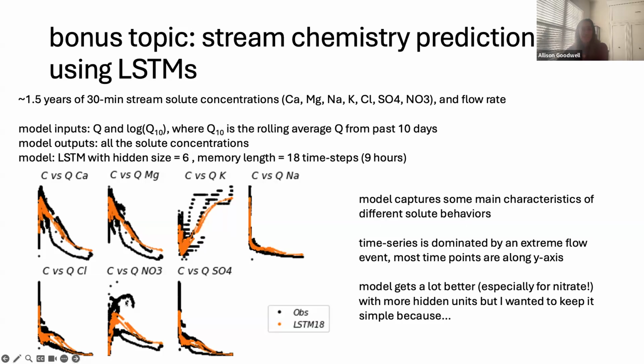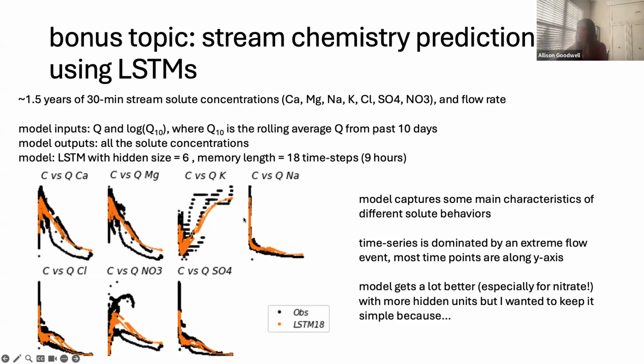Nitrate is really crazy because it's an agricultural input, and sometimes it dilutes and sometimes it mobilizes, and that's seasonally dependent. You can see the model is getting the wonkiness of nitrate and the power law behavior of some other solutes.